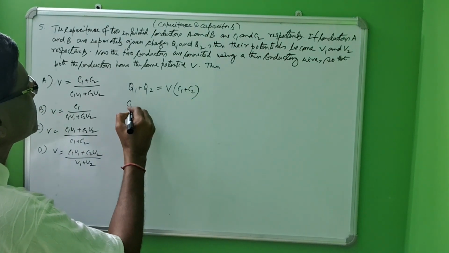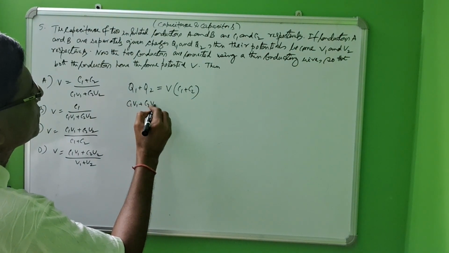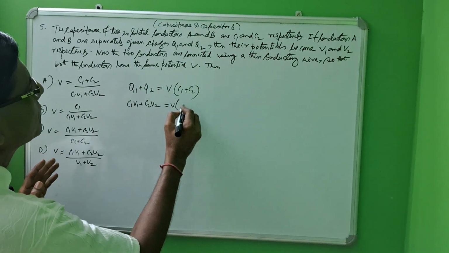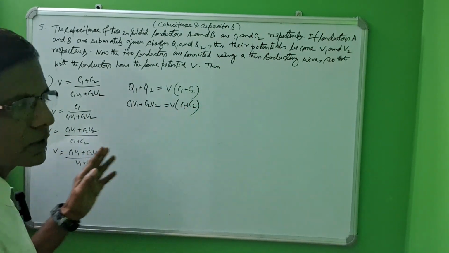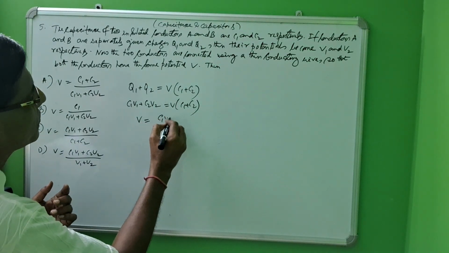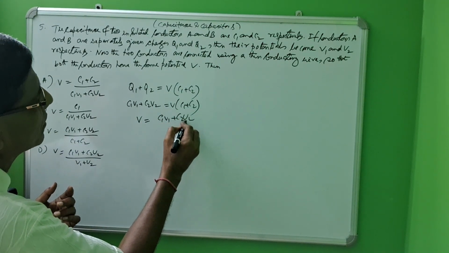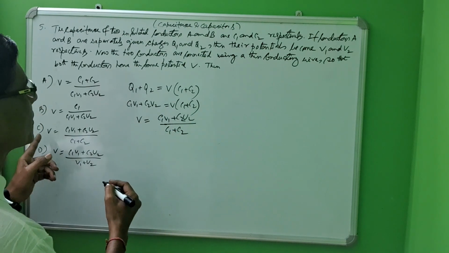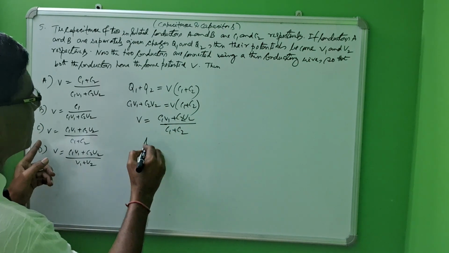Now Q1 equals C1 V1 and Q2 equals C2 V2 according to the problem. So V equals C1 V1 plus C2 V2, divided by C1 plus C2. So the answer will be C.